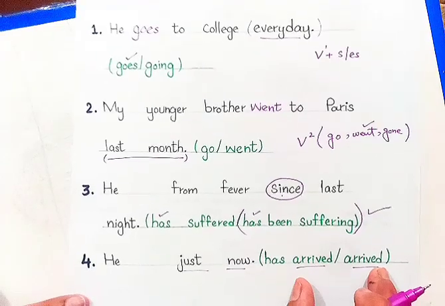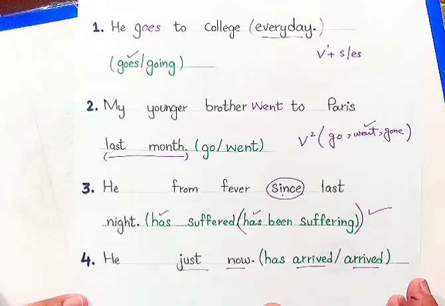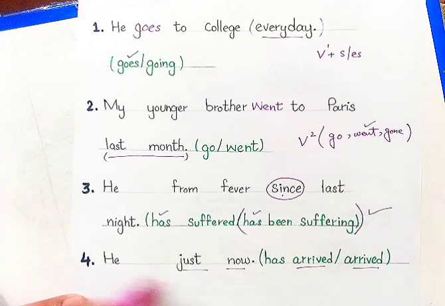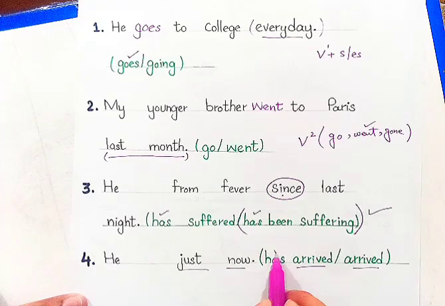So what is the correct answer and what should be done here? Well, this is a present perfect tense as it has, and also second form of verb.